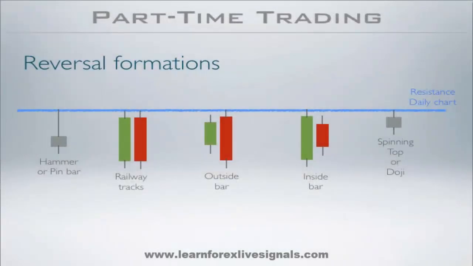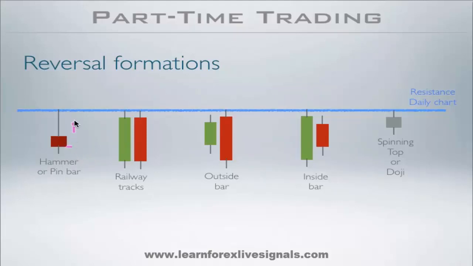Then there are two ways of entering the trade. One is the conservative way, the other is the aggressive way. Let's assume this is indeed a red candle, so that's the open of the day and that's the close for the day. The aggressive way of entering the trade would be to click on your sell button as that bar closes.